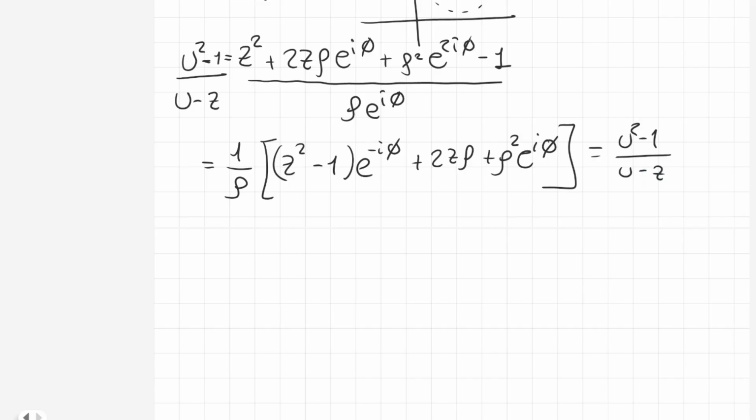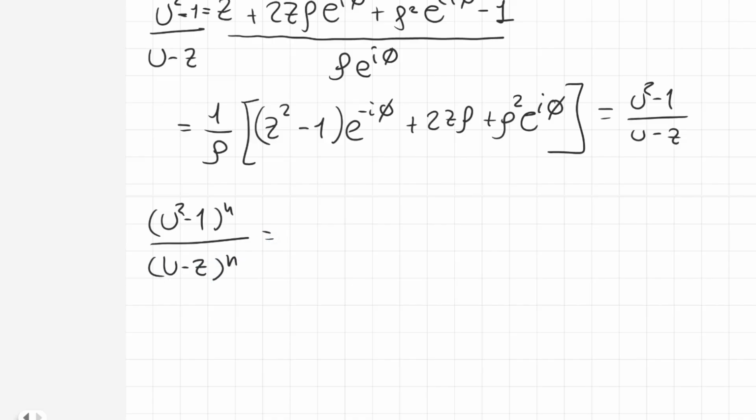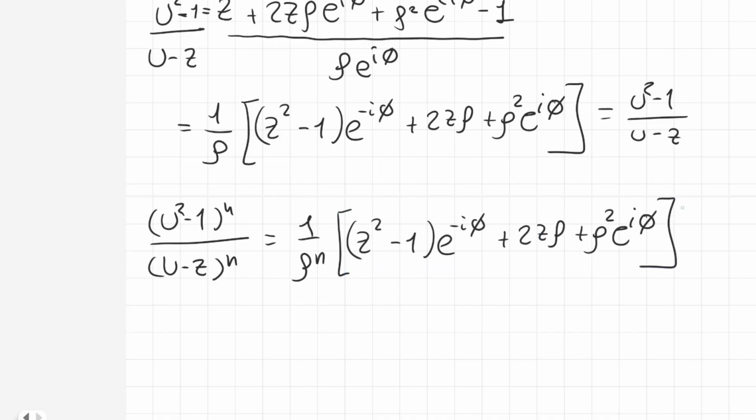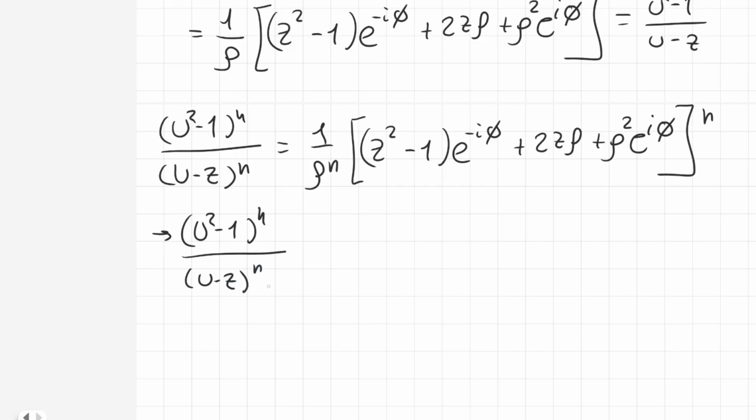So first, we are going to raise these to the n power. So u squared minus 1 to the n, and then divided by u minus z to the n, is going to be 1 divided by rho to the n, and then all this raised to the n power, right? But recall that we need to find u squared minus 1 to the n divided by u minus z to the n times another u minus z here, right?